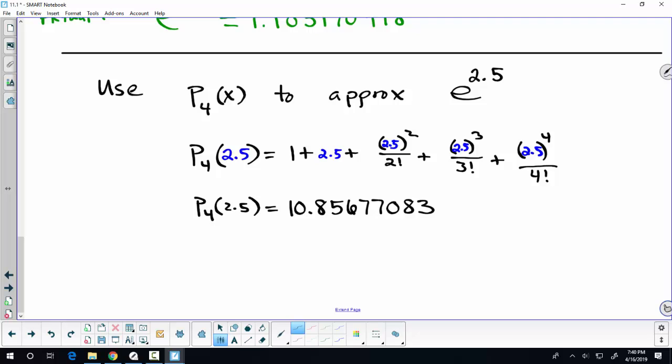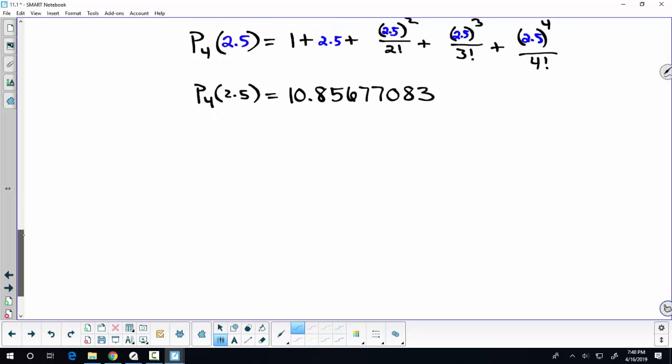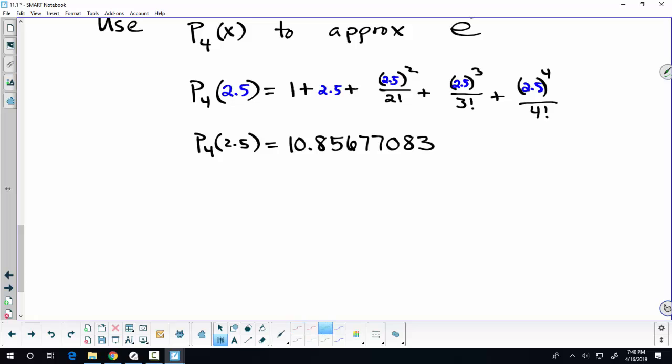So there's our Taylor approximation of e to the 2.5. The actual value of e to the 2.5 is 12.18249.